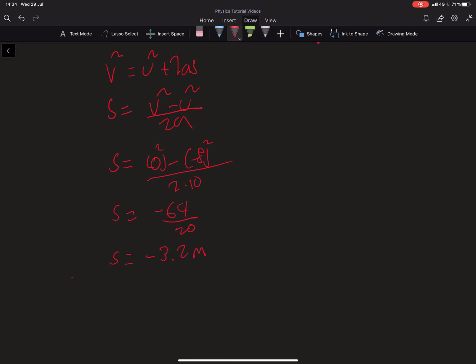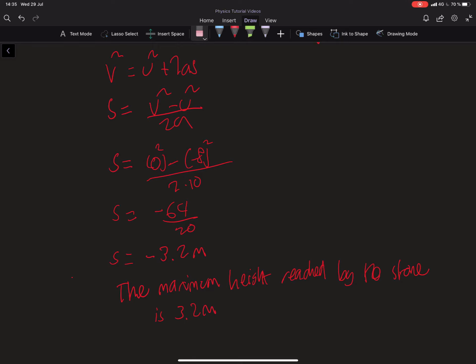However, as we know, using common sense, the maximum height value is always positive, right? So therefore, the maximum height reached by the stone is 3.2 meters. All right.